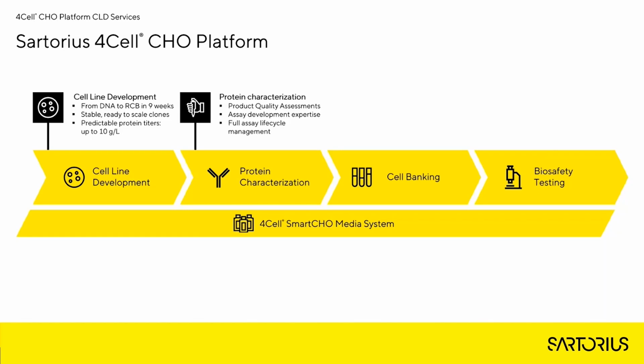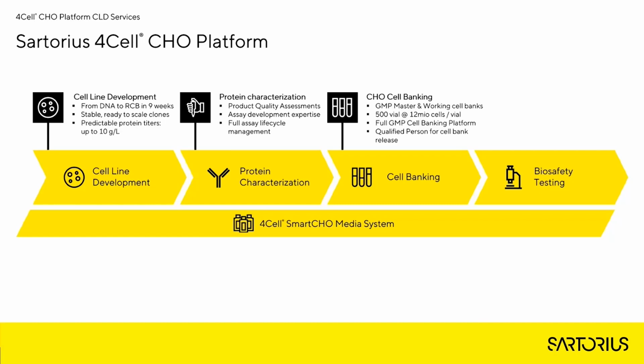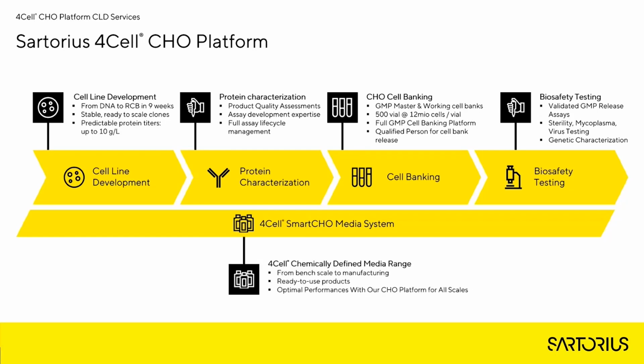Following stages are the protein characterization, cell banking, and biosafety testing. Essential for the success over all these stages is our high-performing Smart CHO media system. Our media are chemically defined, ready-to-use products, which provide optimal performances with our CHO platform for all scales.